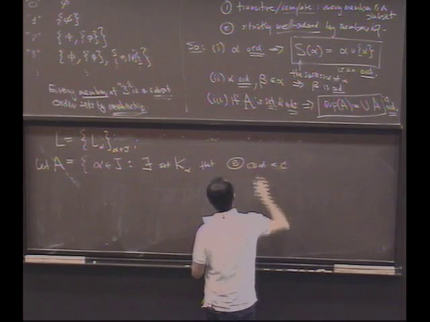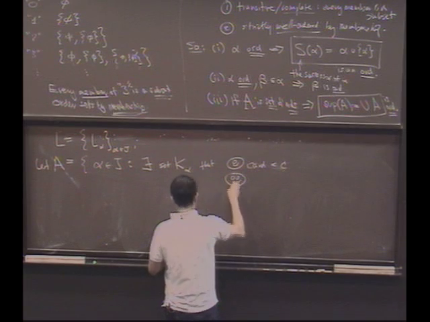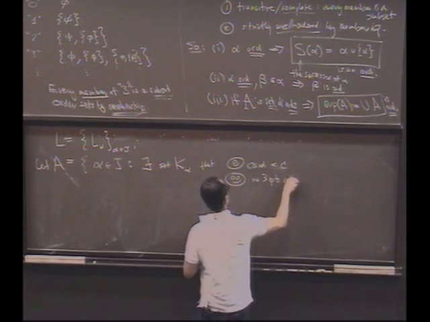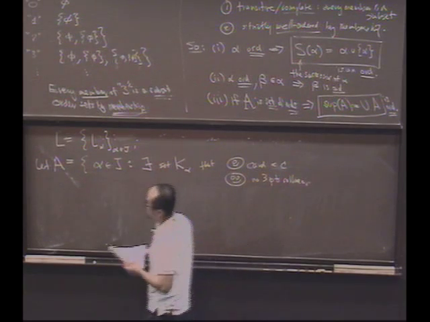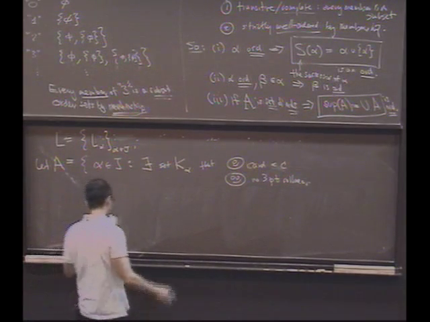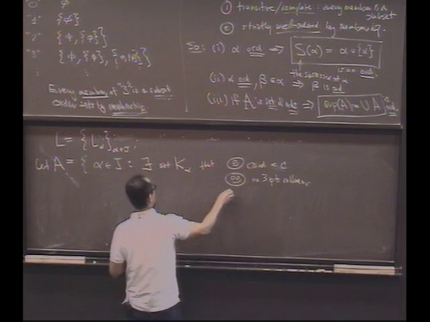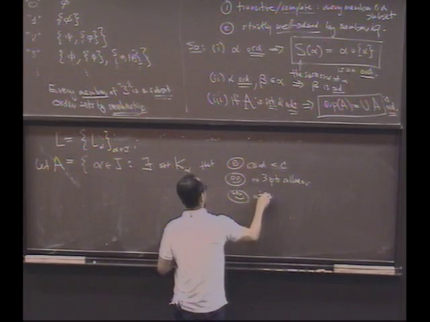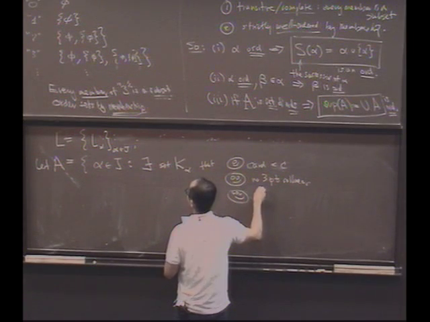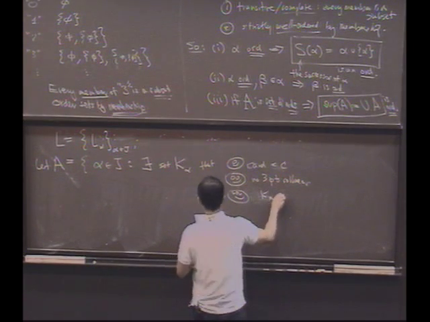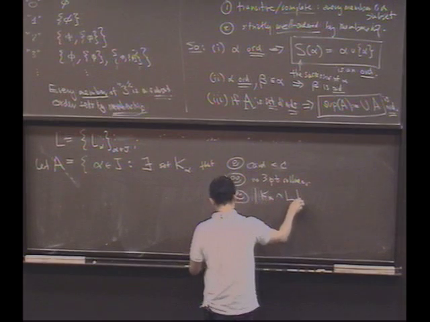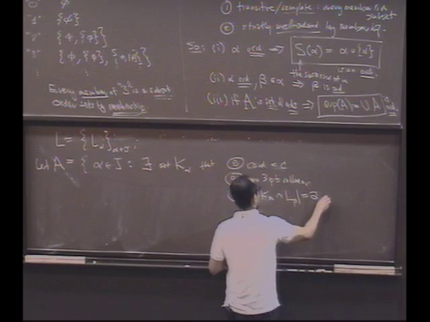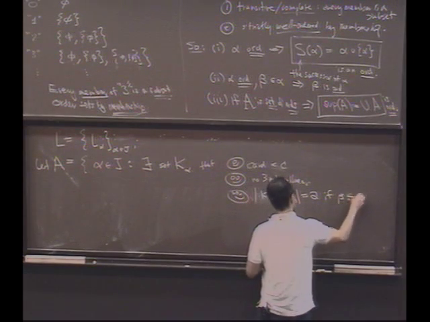So set K alpha will have property Smiley: it'll have cardinality less than C. Second property, no 3 points are going to be collinear. So I'm going to keep it from having 3 points on a line, but it might have 0, 1, or 2. Third property, let's say this carefully, K alpha will intersect every line L beta exactly twice if beta is less than or equal to alpha.